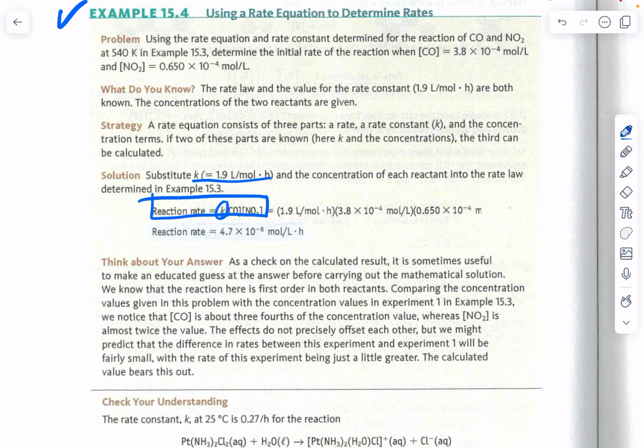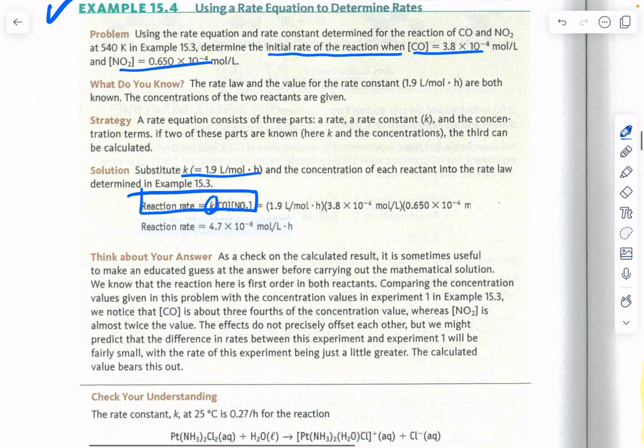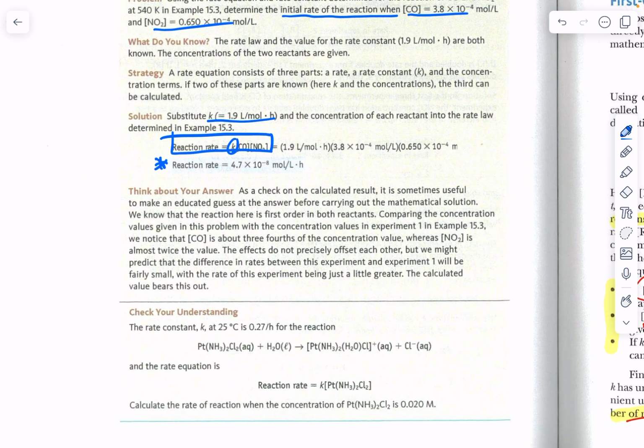It says determine the rate of the reaction that we should expect if we have this molarity of carbon monoxide, this molarity of nitrogen dioxide. Just plug it in and we predict this should be the rate. And we could test that prediction, but God's creation is generally very, very consistent, for an ironic understatement.